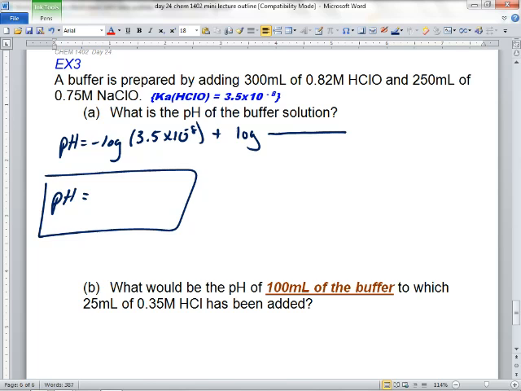And we're not sure what to do here. You log the conjugate and you get a negative. A number less than 1 will be a negative log.